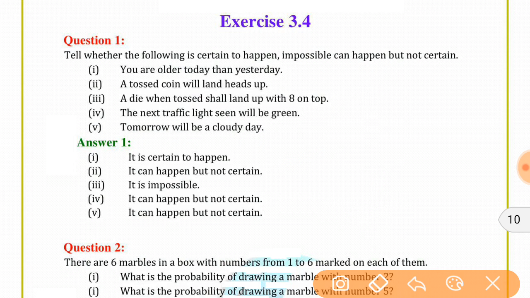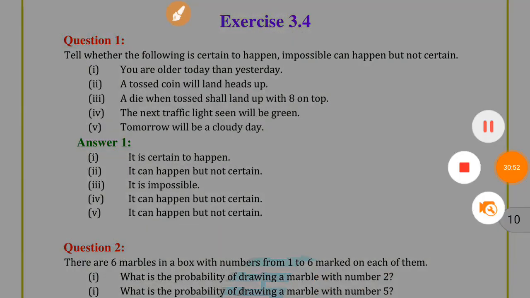Yes, it can happen but is not certain. If it is red, after red it may come yellow, not exactly green, so we cannot say exactly. Those are called can happen but not certain. Then, tomorrow will be a cloudy day. Yes, it can happen but is not certain.